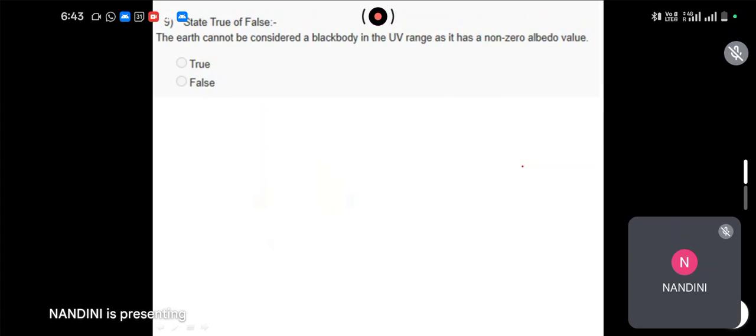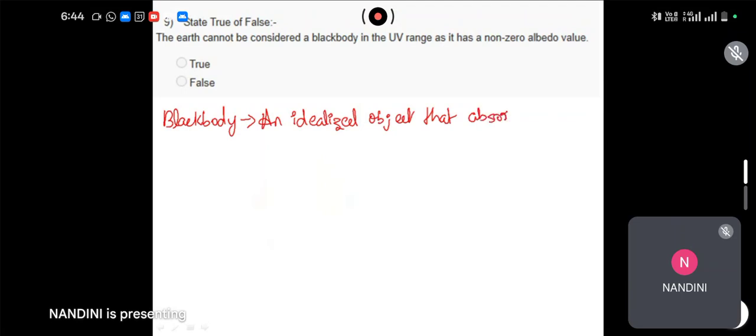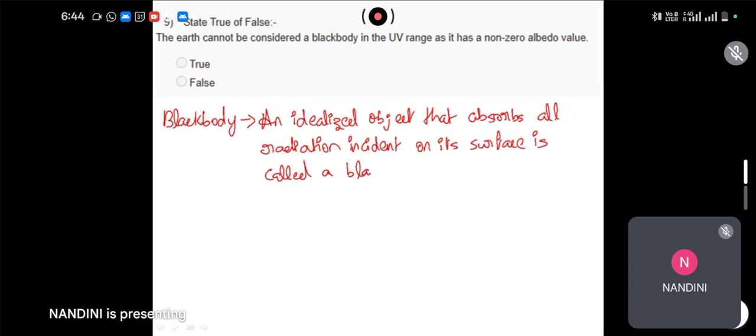So an idealized object that absorbs all radiation incident on its surface is called a black body.